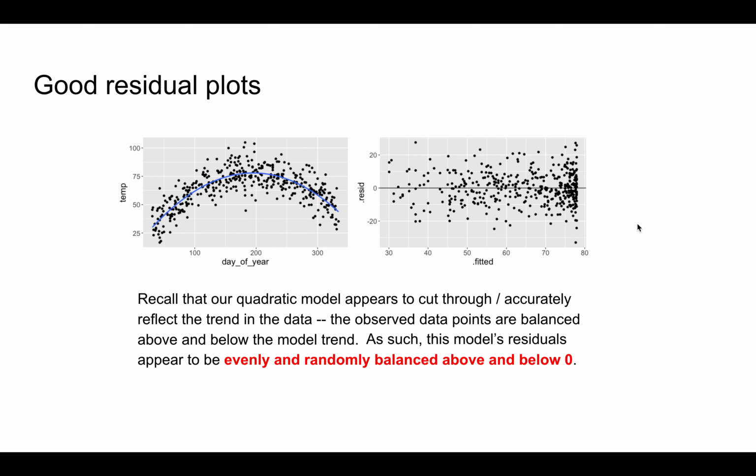In general, this is what a good residual plot looks like. If the residuals are balanced above and below 0, it's a sign that the data points are balanced above and below our model trend. That is, that our model is good. We'll get more experience looking at residual plots, but this is a good start and gives you a good sense of what an ideal residual plot looks like.